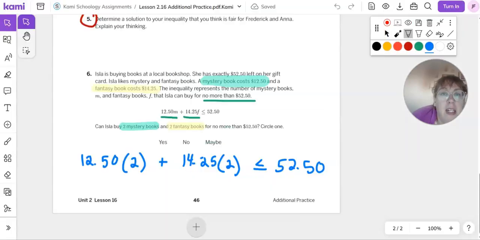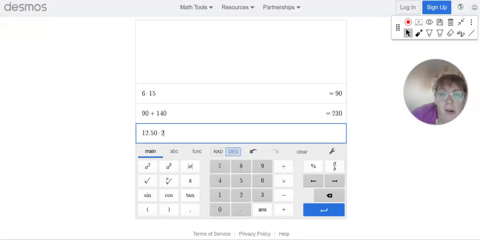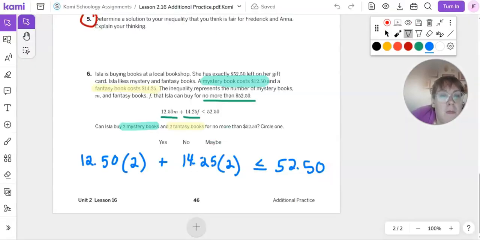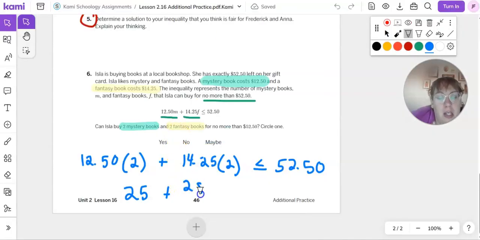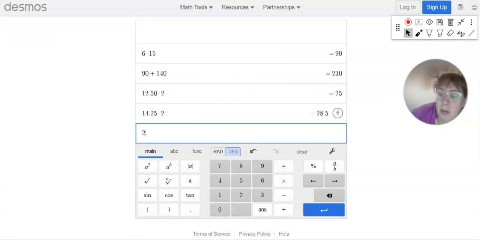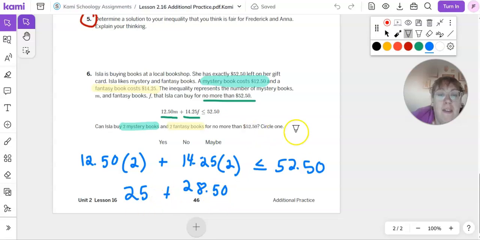So in my calculator, we have 1250 times 2 is 25. So she's spending $25 on mystery books. 1425 times 2 is 2850. And when we add 25 plus 2850, we get 5350. Ooh, a little too much.